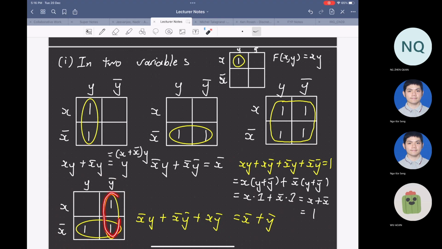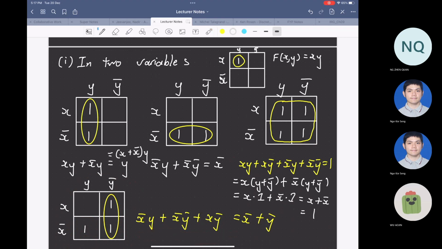What you can do is combine these 2 blocks and then combine these 2 blocks to cover all the ones here. If you just do one block here, you haven't covered this, then you won't be able to minimize this circuit.